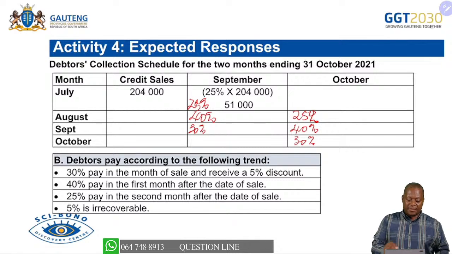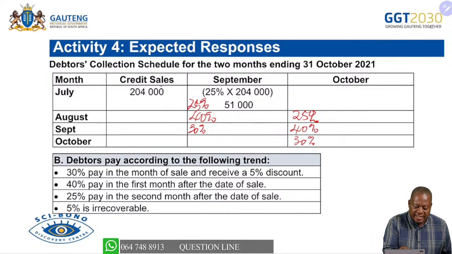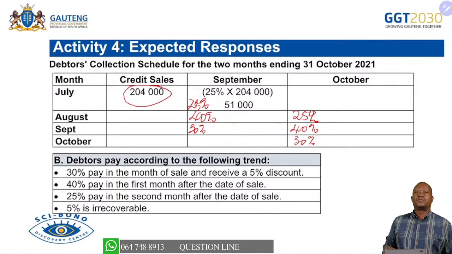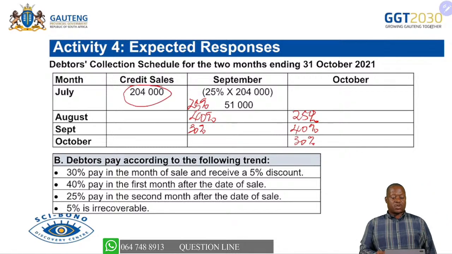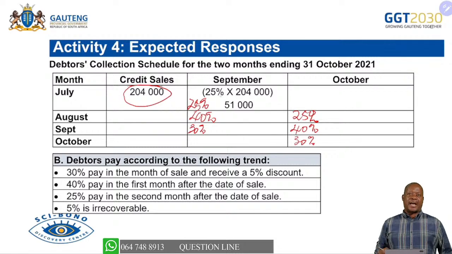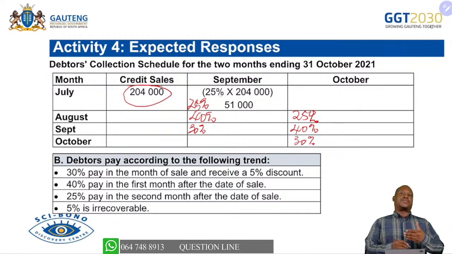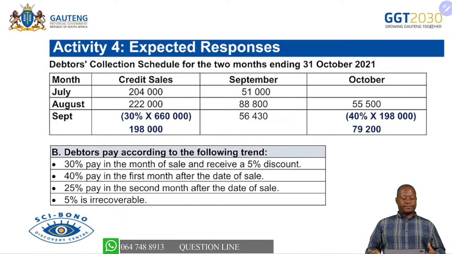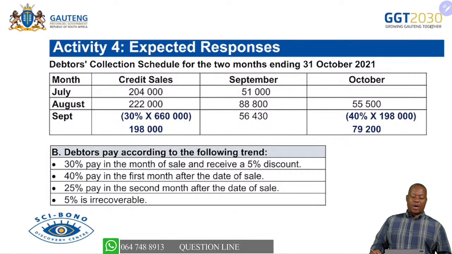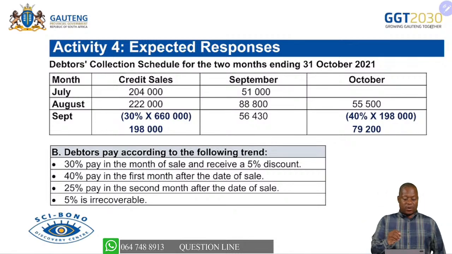So when it comes to July, the credit sales are already given, 204,000. So we are finding 25% of that, and it gives us 51,000. That's it. And then we move on. We need to find now the sales for August.